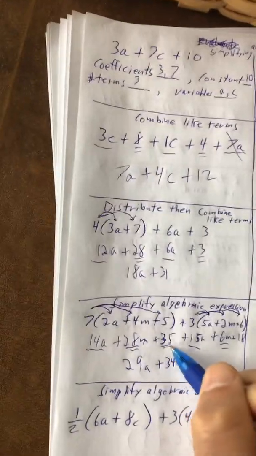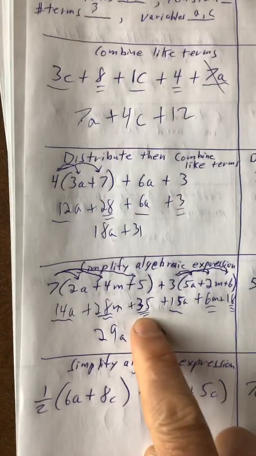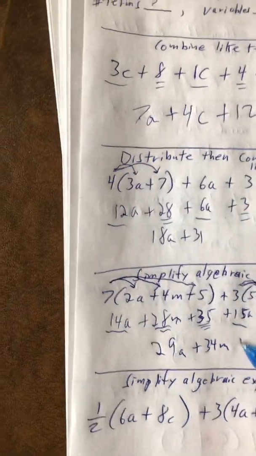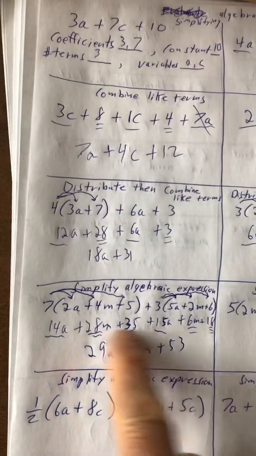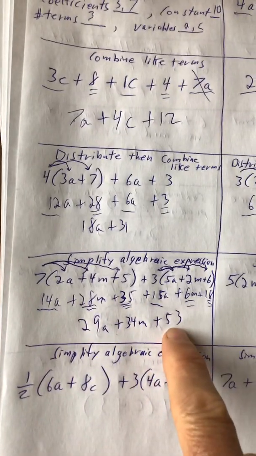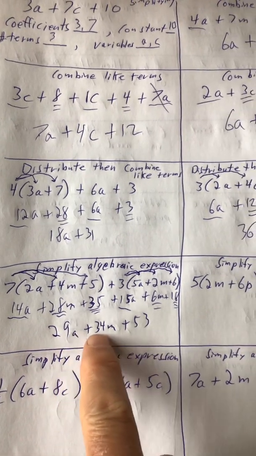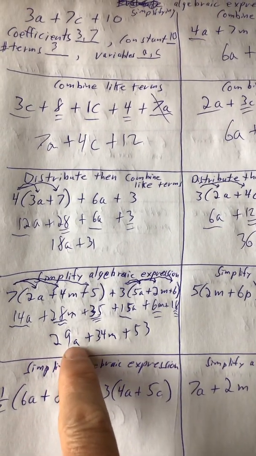And then you got 35 plus 18. These are just constants. 35 plus 18 adds up to 53. There are 3 terms in this algebraic expression. My constant is 53. My coefficients are 29 and 34. My variables are a and m.